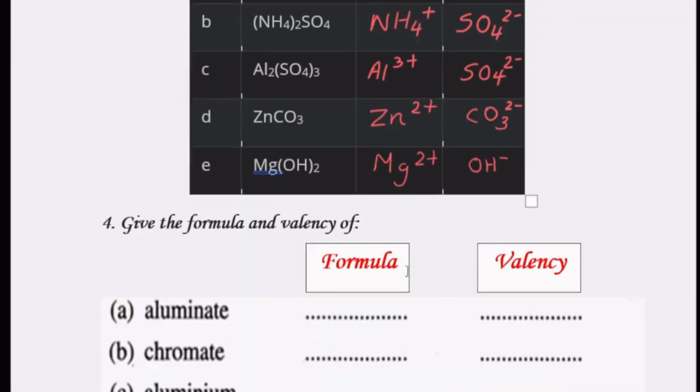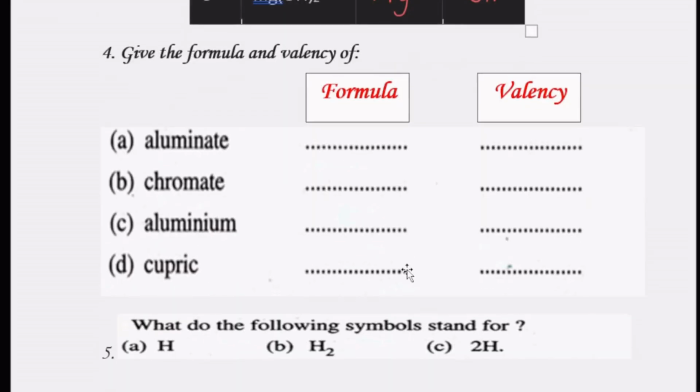Next, give the formula and valency of the given things. One is aluminate. Aluminate is AlO3 minus. It is a compound, and its formula is AlO3 minus.